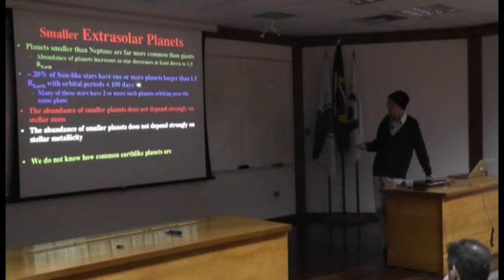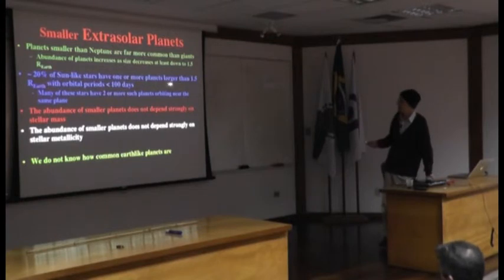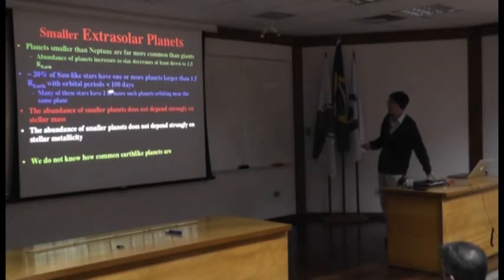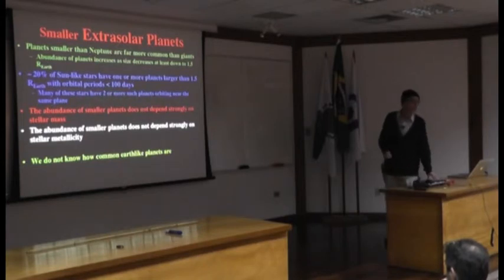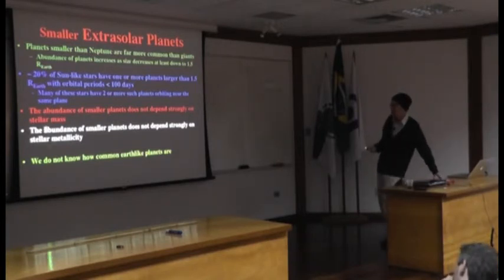About 20%, 1 in 5, sun-like stars have 1 or more planets larger than this size, 1.5 Earth radii, with orbital periods less than 100 days. Many of these stars have 2 or more such planets orbiting in the same plane, so several are observed to transit.